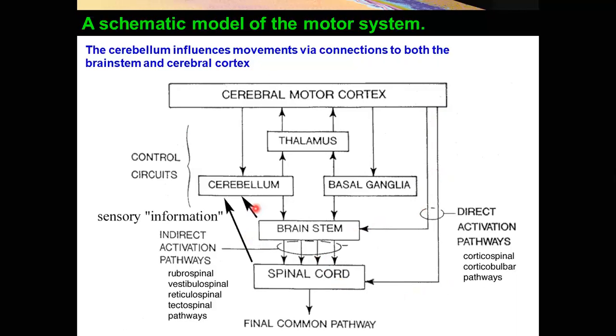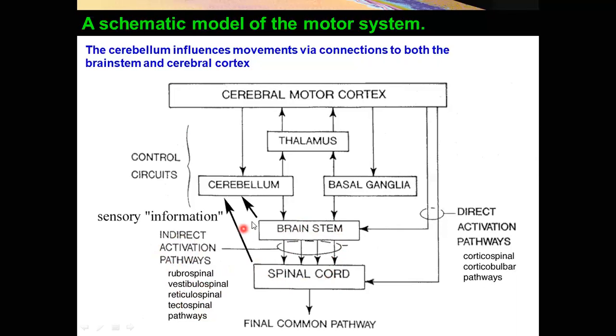And then the cerebellum receives information from the brain stem and also from the spinal cord. Indirect activation pathways from the brain stem to the spinal cord are the rubrospinal, vestibulospinal, reticulospinal, and tectospinal pathways. So through these pathways, the brain stem controls the spinal cord.